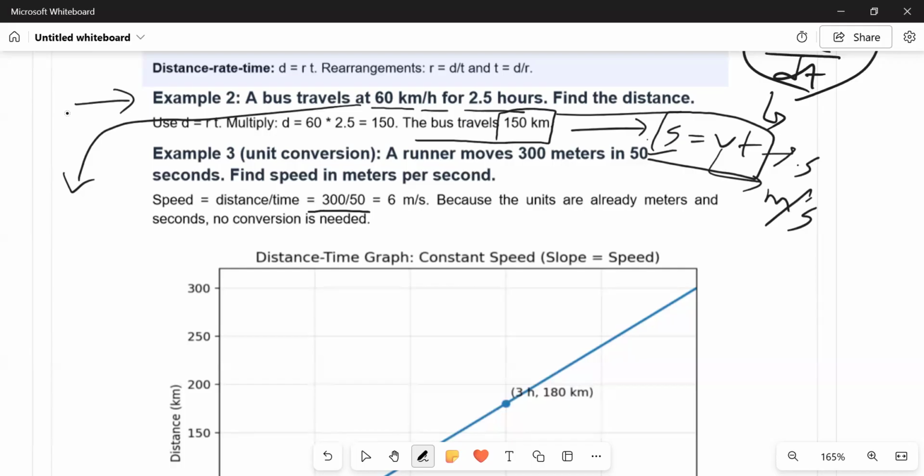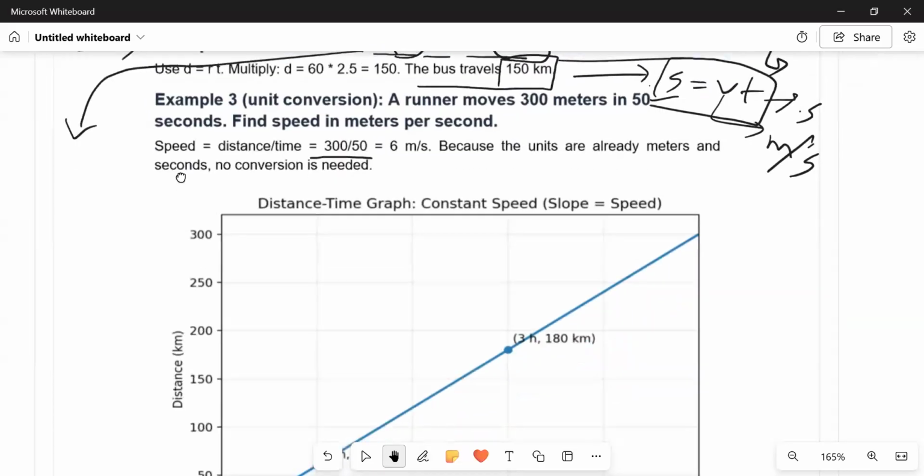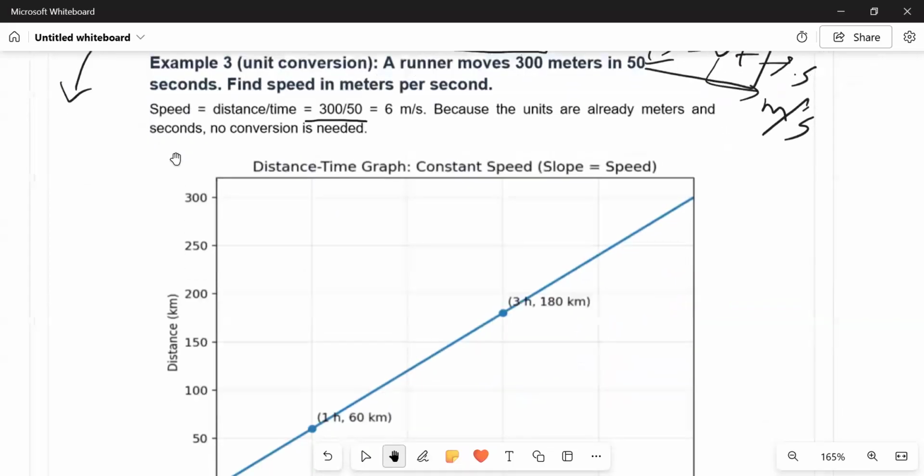So to make this problem a bit complex, I would write it as 2.5 seconds, or something that will turn into 2.5 hours, so I would have to convert it to kilometers and then do the problem. But yeah, unit conversion is what we are talking about to make the problem a bit complex.